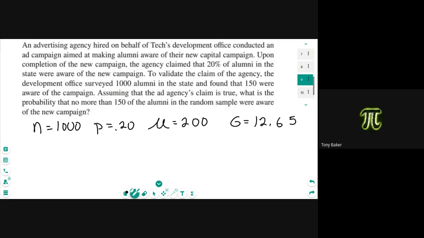So n was 1,000. P was 0.20. The mean was 200. And the standard deviation is 12.65.